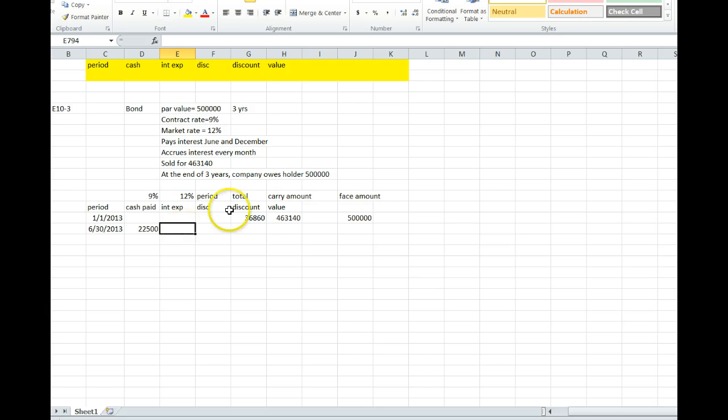Our interest is going to be the carrying amount of the bond, $463,000, times the effective rate, whatever the market rate is, times half a year, because it was only for 6 months. So that's $27,788. The discount for this period is the difference between those two amounts.